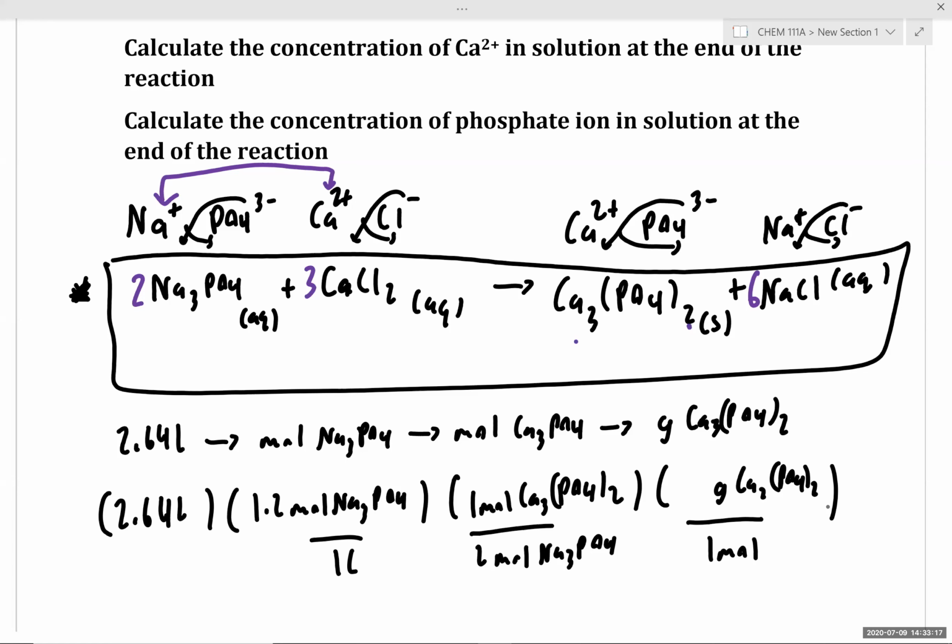What is the molar mass of calcium phosphate? Just to make sure everyone's comfortable calculating molar masses, what is the molar mass of calcium phosphate?